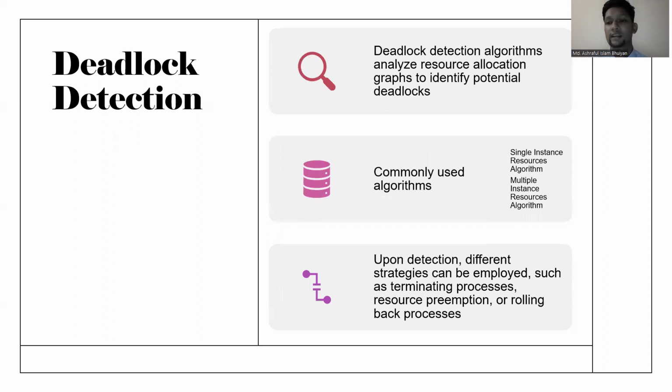And then deadlock detection. Deadlock detection algorithms analyze the resource allocation graph to identify potential deadlock. There are two types of commonly used algorithms. First of all, the single instance resource algorithm, and second, the multiple instance resource algorithm. And then upon detection, different strategies can be employed, such as terminating processes, resource preemption, or rolling back processes.